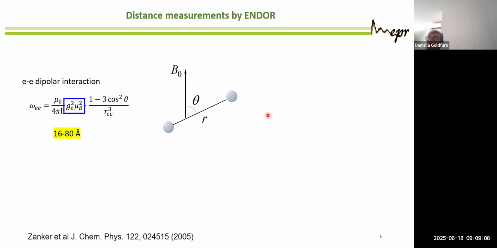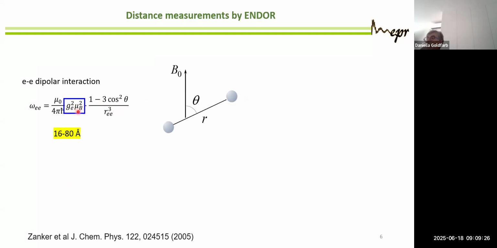So this is the equation for electron-electron dipolar interaction. We saw it before: the distance, the angle, and here is just the Bohr magneton of the electron.